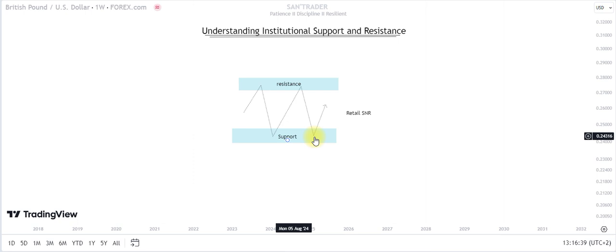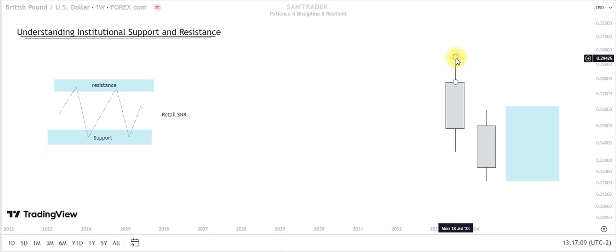So what are the institutional support and resistance? We have a candlestick, right? A candlestick will have a high and a low. So this is the high and this will be the low, right?